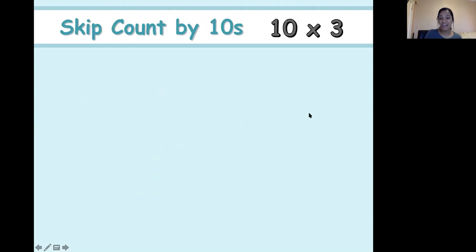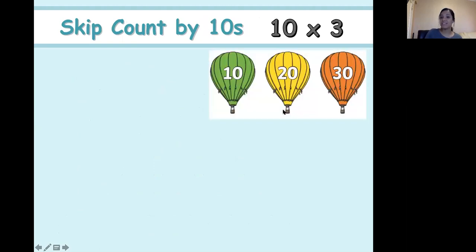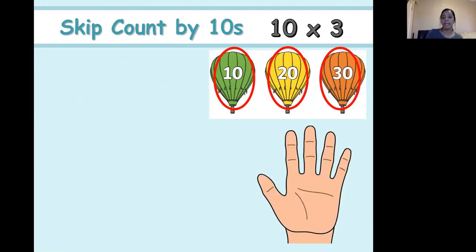So if we have 10 times 3, it's the same. We're going to remember the balloons in the classroom, okay? We can go ahead and count by tens. 10, 20, 30. Those are my 3 10s right there, okay? Here as well, we can use our fingers. Take 3 fingers, 10, 20, and 30, okay?